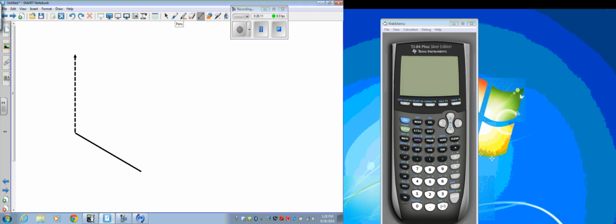And then the other one is north 28 degrees east. So north... now what I have to do, so this angle right here is what's given to us, right?